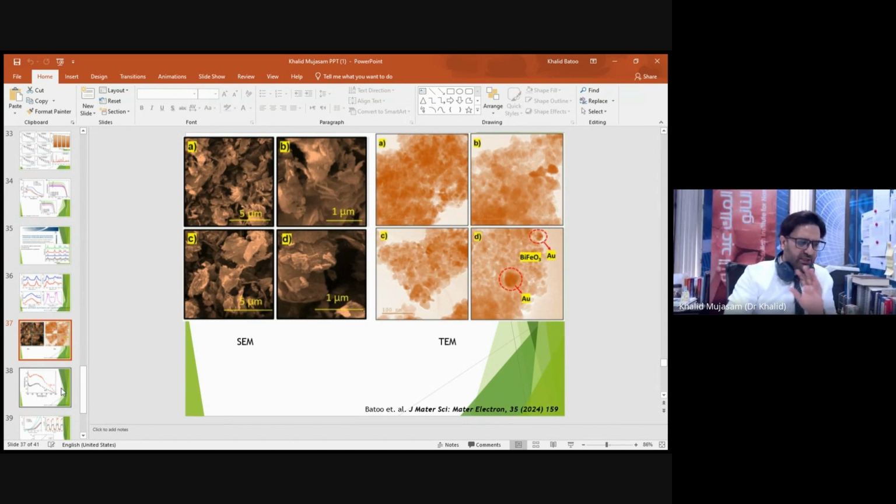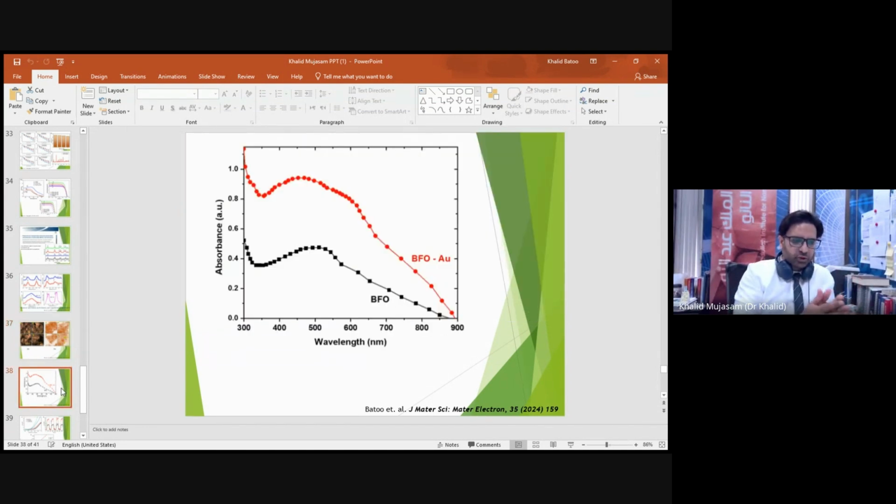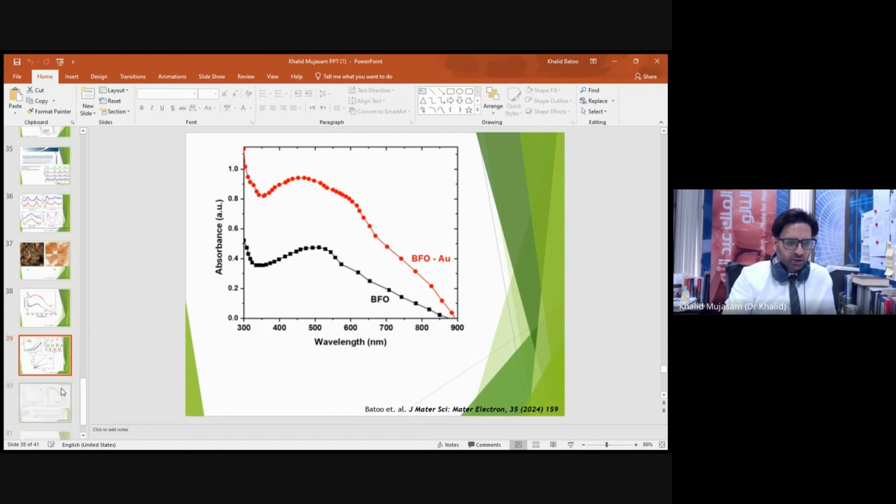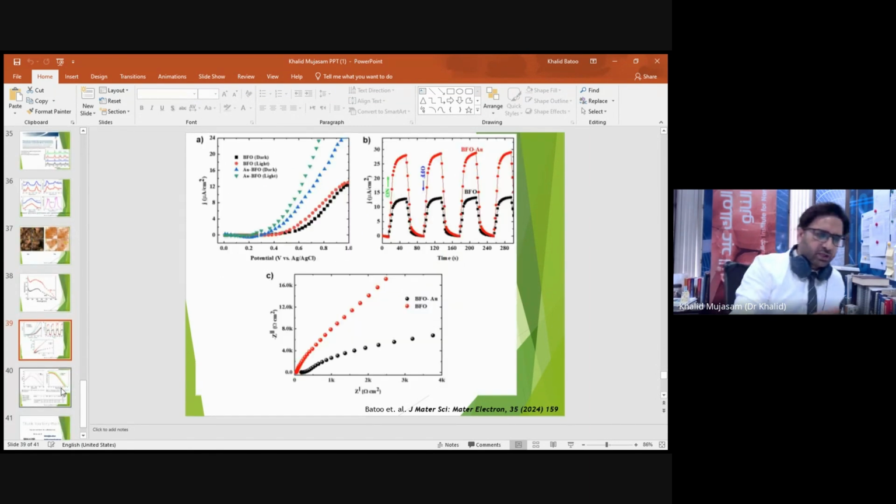We had, again, the absorbance, where we saw that the BFO with the gold has higher absorption compared to the pure BFO. And we had a similar phenomenon in the stability test for the time in dark and light mode. We had the current density, which was achieved way beyond 0.8.